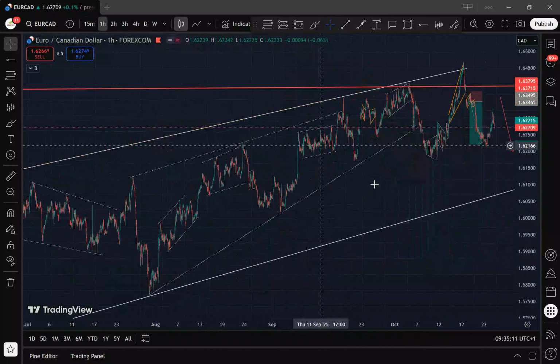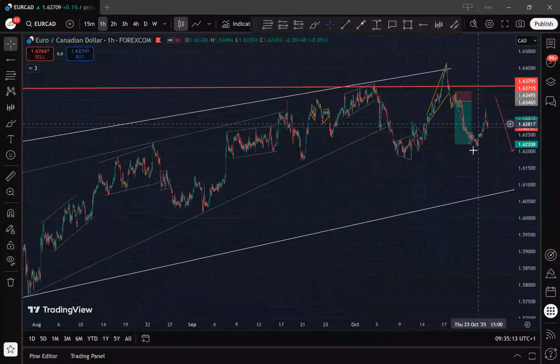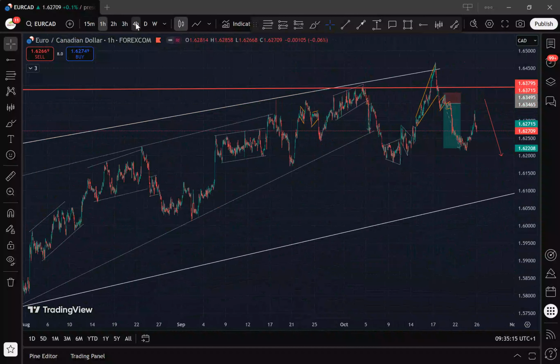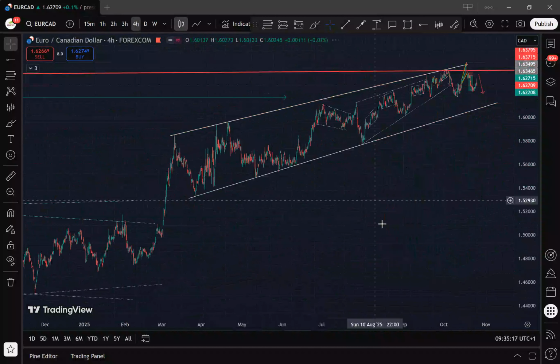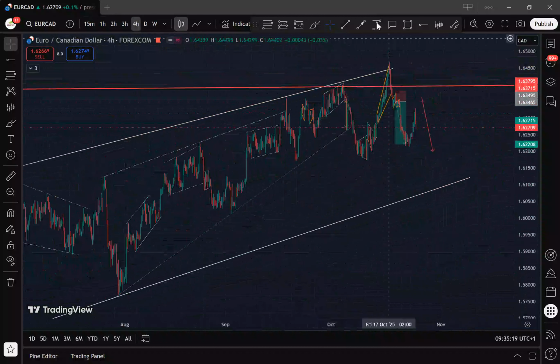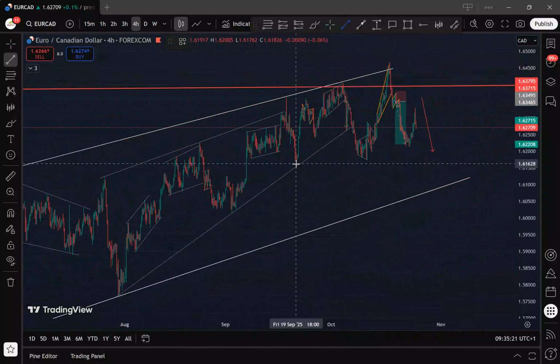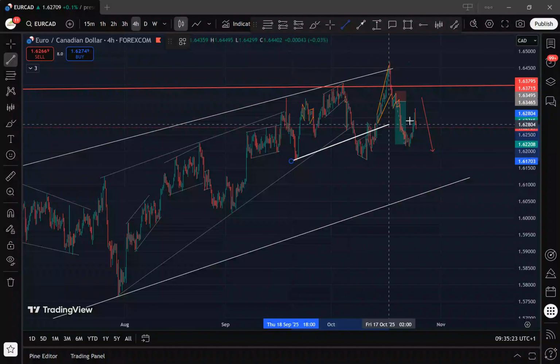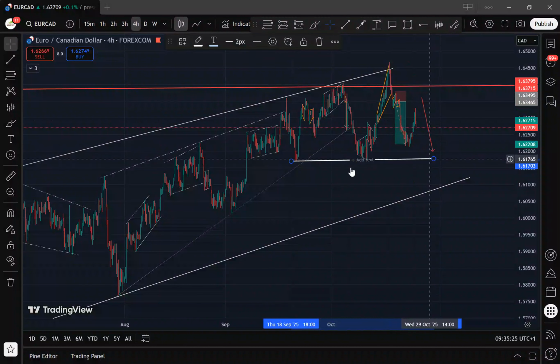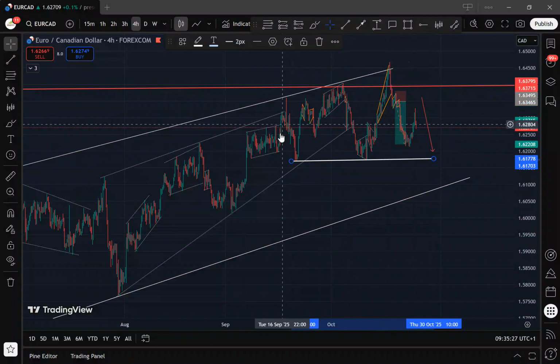during the week. So we are still bearish on Euro CAD. So we just have to wait to see how the price develops further. So I'm looking at something like this here. So something like this reversal structure.